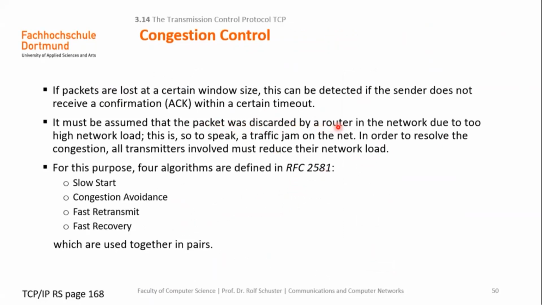For instance, the transmitter side of the TCP connection doesn't receive the acknowledgement of one segment. Then it assumes that the cause was too high network load, that is, congestion.